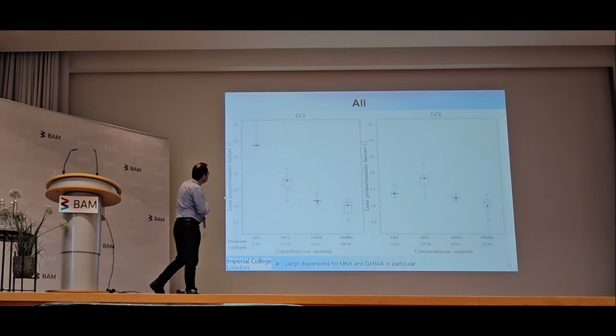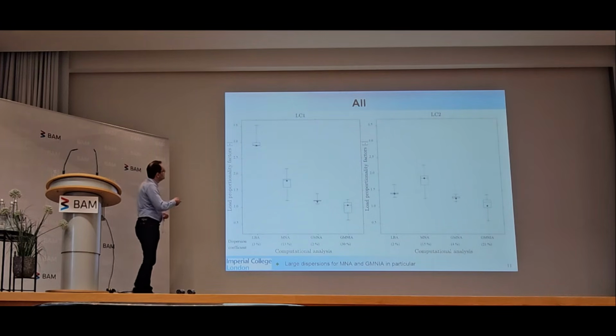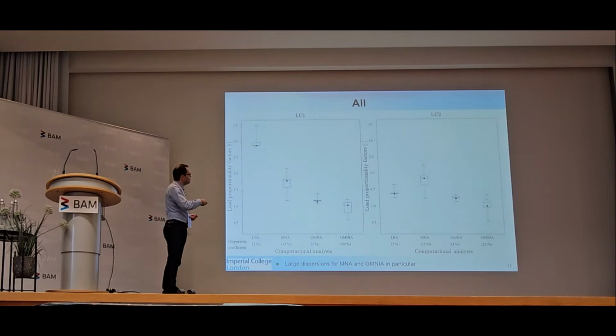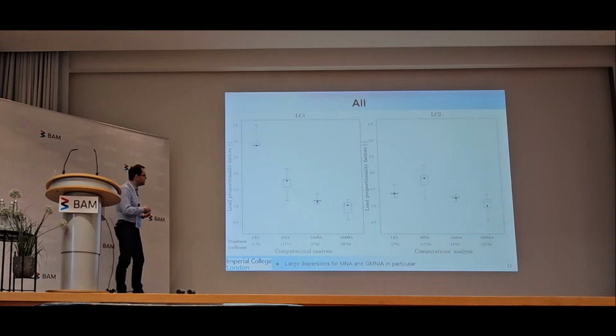So I have here a comparison of these box and whisker distributions now for both load cases, the LBA, MNA, GMNA, and GMNIA. And the largest variabilities, for both load cases, come in the MNAs and in the GMNAs. I have down here what I call the dispersion coefficient, and this is a kind of a non-parametric version of a coefficient of variation.